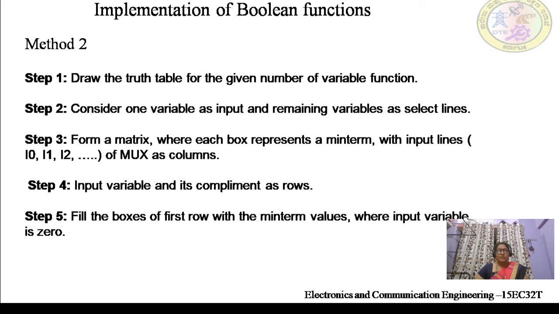So in the column we'll take the values I0, I1, I2 and I3, and input variable and its complement as the row. So that means here it consists of two rows. One row is represented as A bar, and in the second row we take A as the variable.